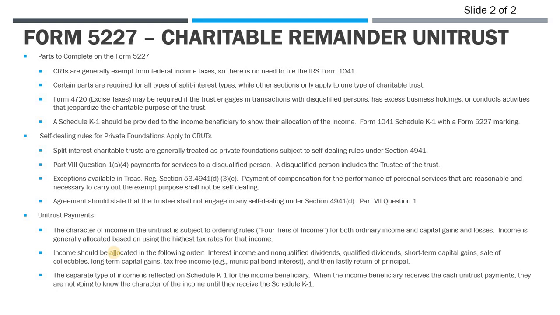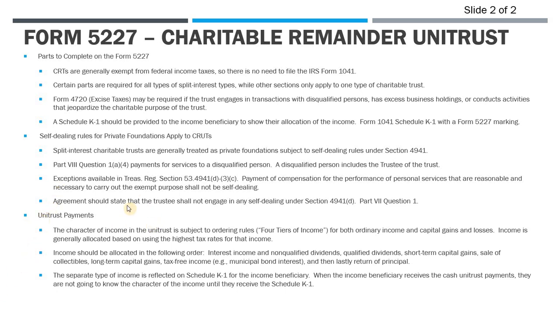When you distribute cash or property to the non-charitable beneficiary, there are certain ordering rules which you have to apply based on the income that was earned within the trust. And so when we look at the workbook and the return, that'll hopefully make a little more sense. But it's very important to follow those ordering rules to make sure that the income beneficiary is accurately reporting their taxable income on their return.